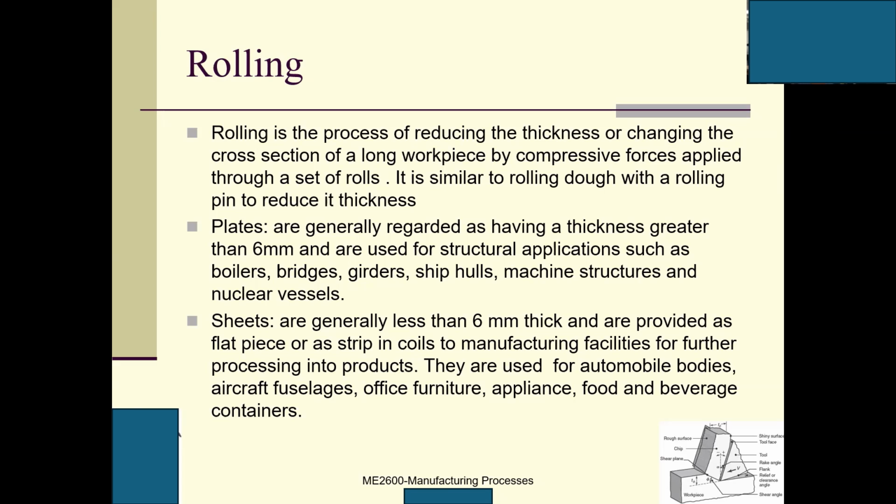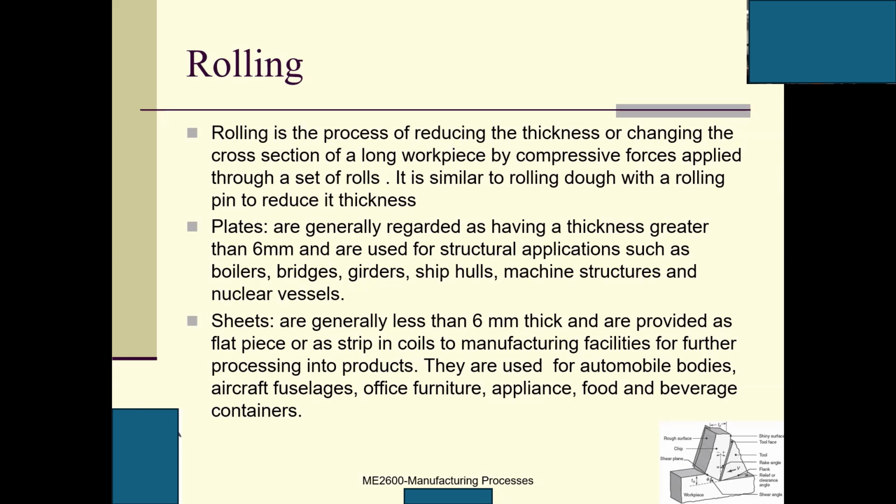So this is empirical, not scientific. We just know this as a community. If the thickness is higher than 6 millimeter, we treat it as a plate, and otherwise we treat it as a sheet.